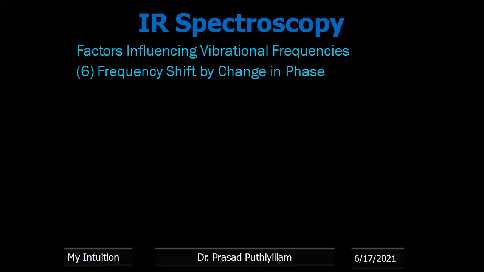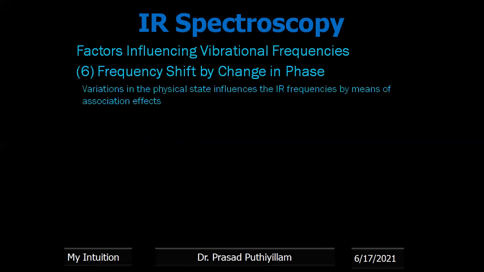Now, frequency shift by change in phase, that is solid phase, liquid phase, gaseous phase, is what I want to explain. I will give only one or two examples and I'm not going into detail, because this was already explained under the hydrogen bonding effect. Variation in the physical state influences the IR frequency by means of the association effect.